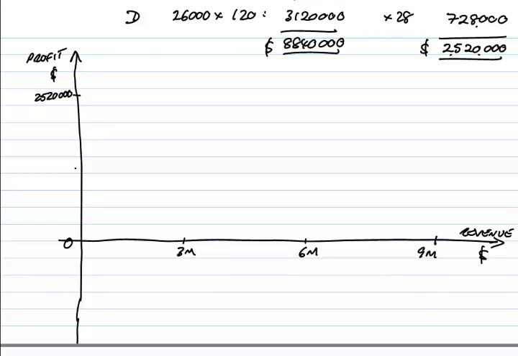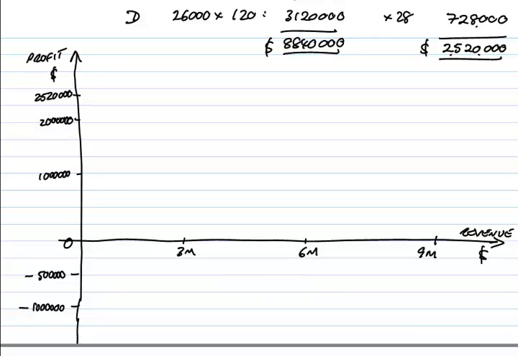So 1 million, that's 2.5 million. 2 million is going to be about there. 1 million is going to be about here. And minus 640, well, minus a million would be there. Minus 500 there. I think you can see what I'm doing.